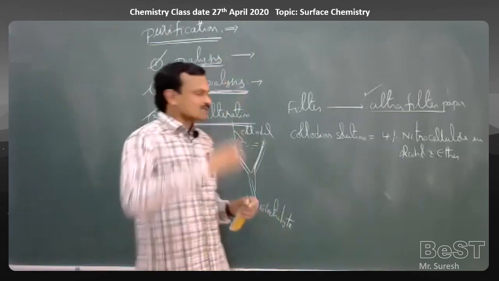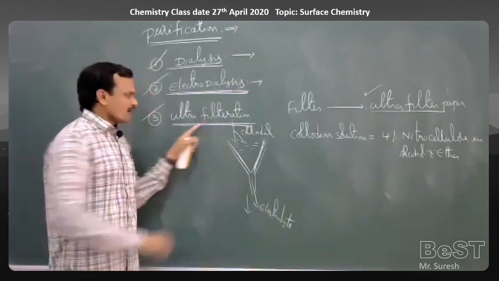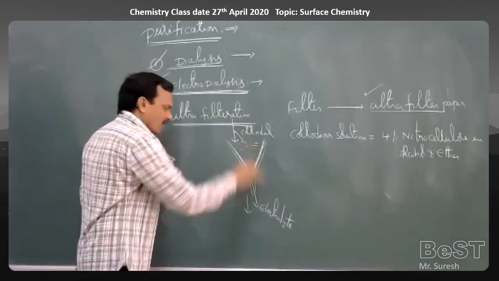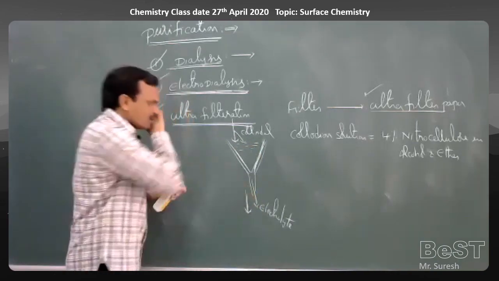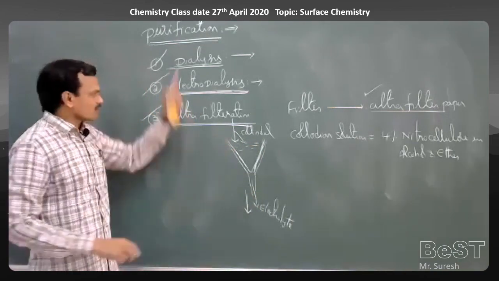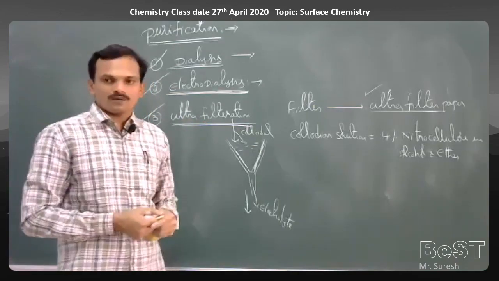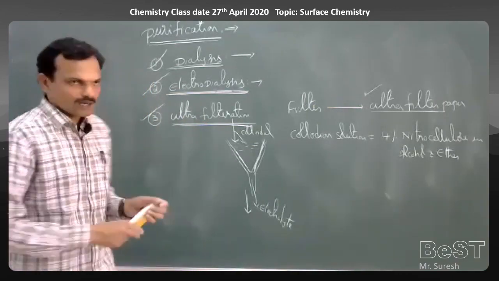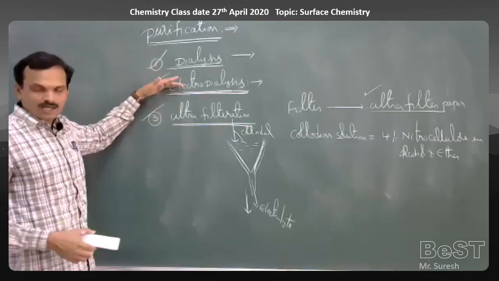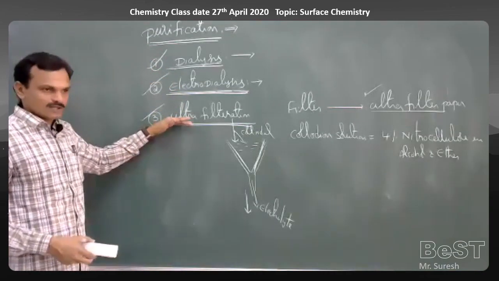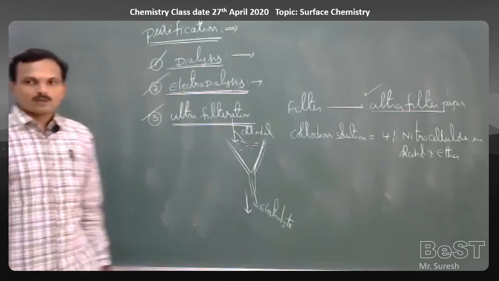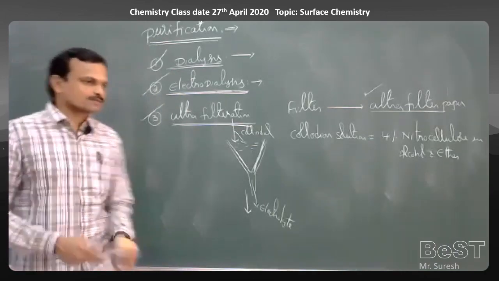To increase its velocity, either pressure or suction should be applied on the colloidal solution. Then the rate of filtration will increase. So these are the three methods commonly used for the purification of colloids: dialysis, electrodialysis, and ultrafiltration. This is regarding purification of colloidal solutions.